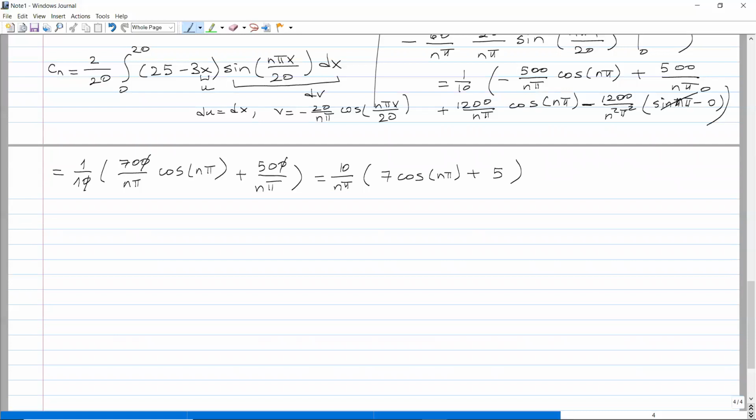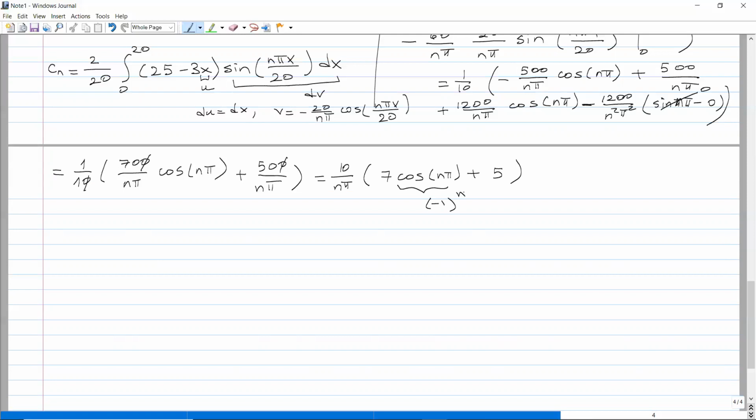Okay, what is cosine of n pi? If n is even, like 0, 2 pi, 4 pi, 6 pi, it is 1. And if n is odd, 3 pi, 5 pi, it is minus 1. So this is minus 1 to the n.